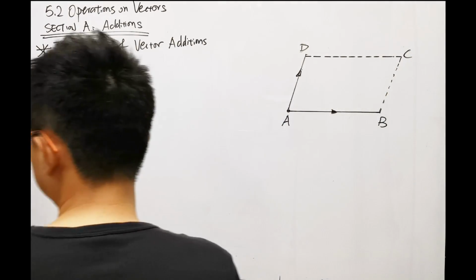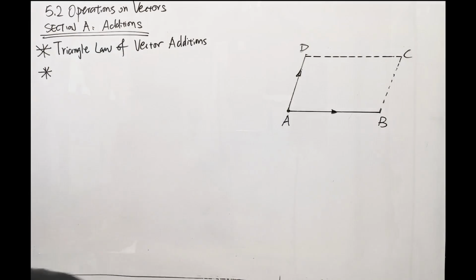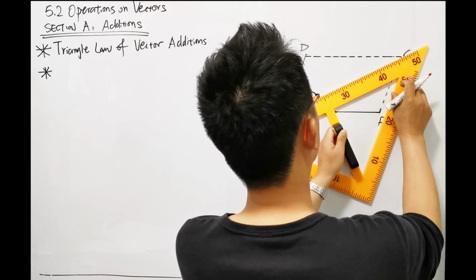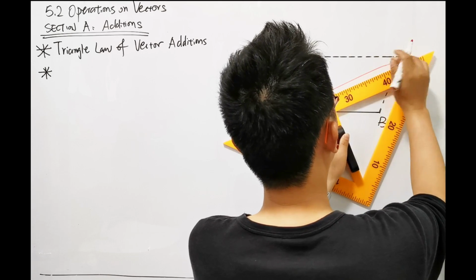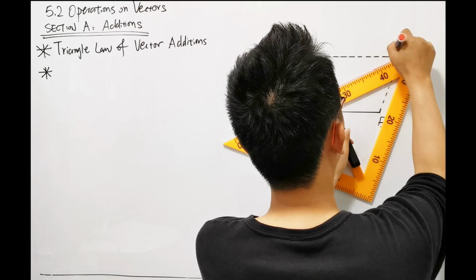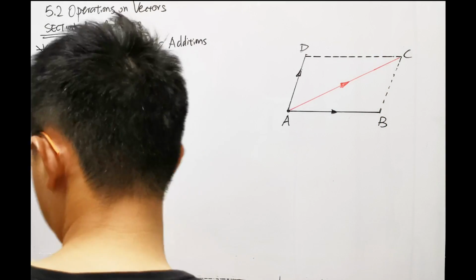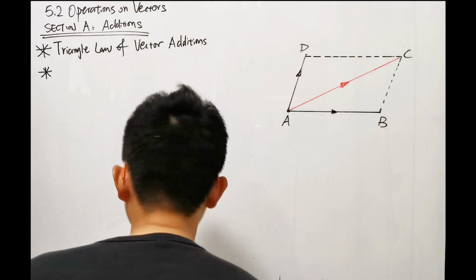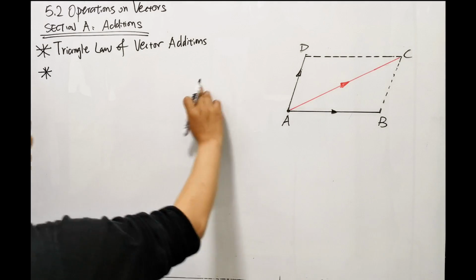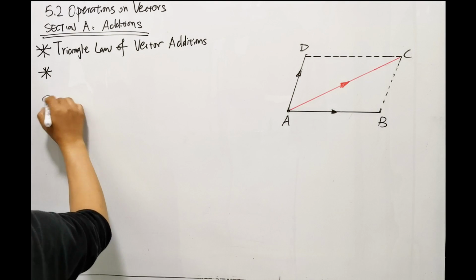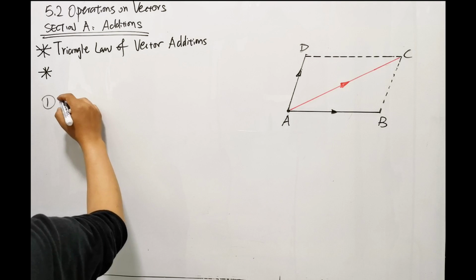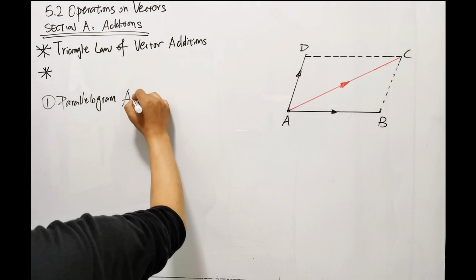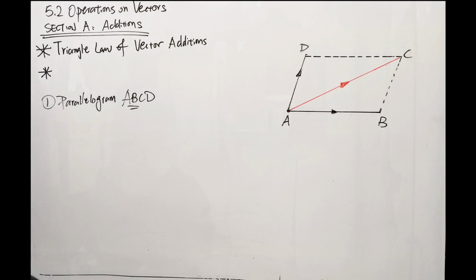So we have a point C. Let me join up this A and C. So we join up this A to C. From here we can see an important concept in this parallelogram A, B, C, D.